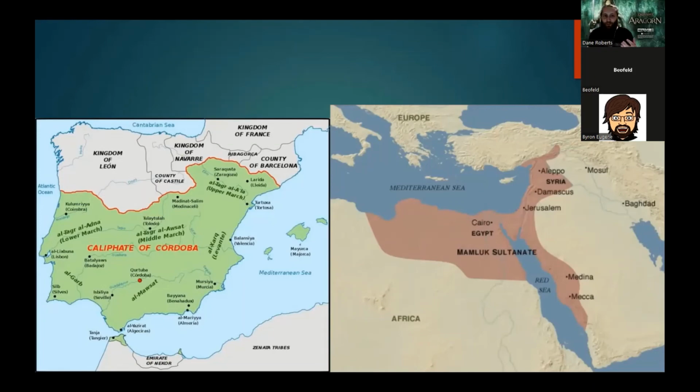Anybody who's read the story of Roland and his death, who was a commander of Charlemagne, supposedly that's where Roland died. In an ambush that ended with most people being killed, and Roland basically holding the line so that Charlemagne and the rest of his forces could get away.